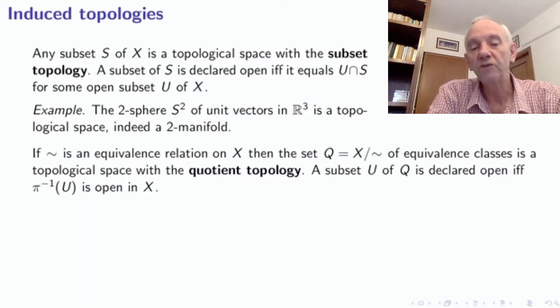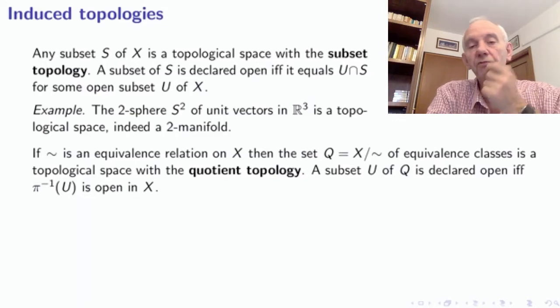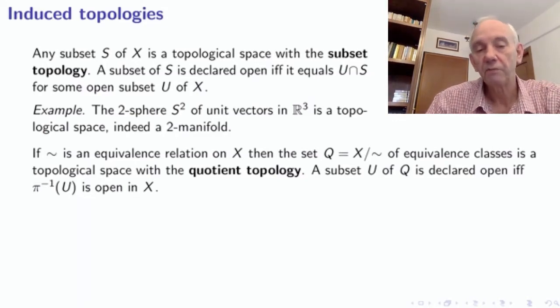And you want to declare a subset of the quotient, the set of equivalence classes, to be open if and only if its inverse image under pi is open in the original topological space. That will in particular tell you that pi is a continuous mapping, which is what you want, but it gives you a topology. When I say topology, I just mean declaration of when a set is open on the quotient.